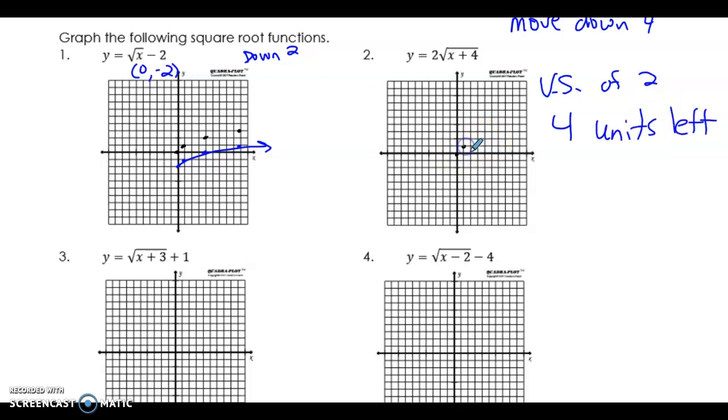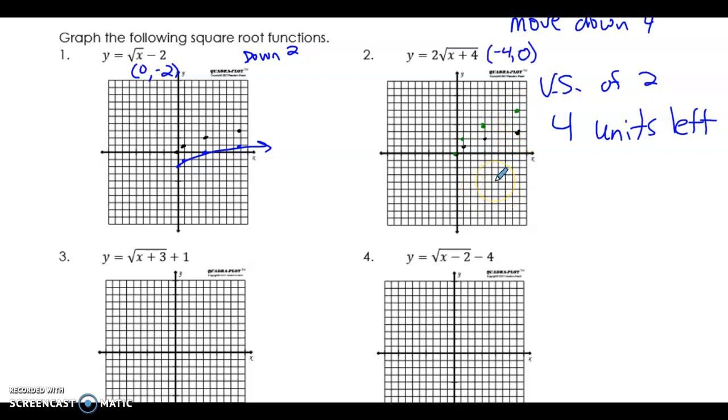So again, if you think of that original graph, that kind of helps visualize what's going to happen with this transformed graph. So vertical stretch of 2. So what that's doing is it's taking each point and doubling it. So 0 doubled is still 0. 1 doubled would be 2. 2 doubled would be 4. 3 doubled would be 6.